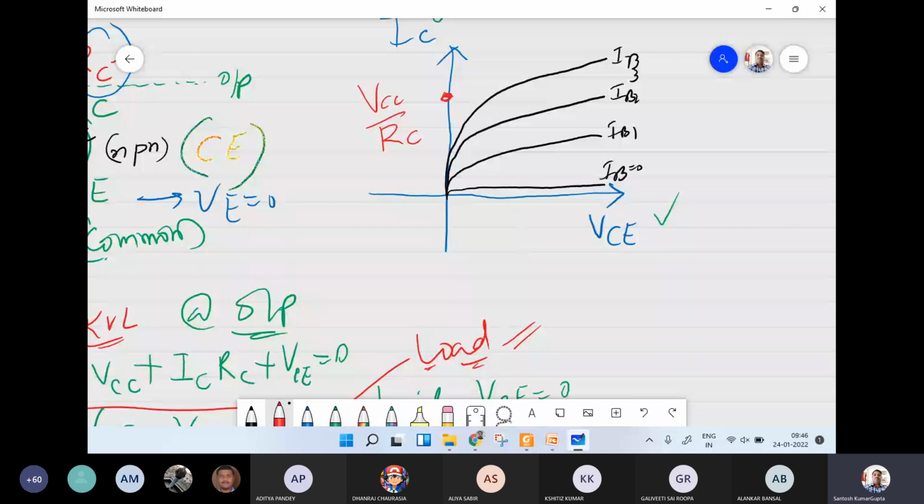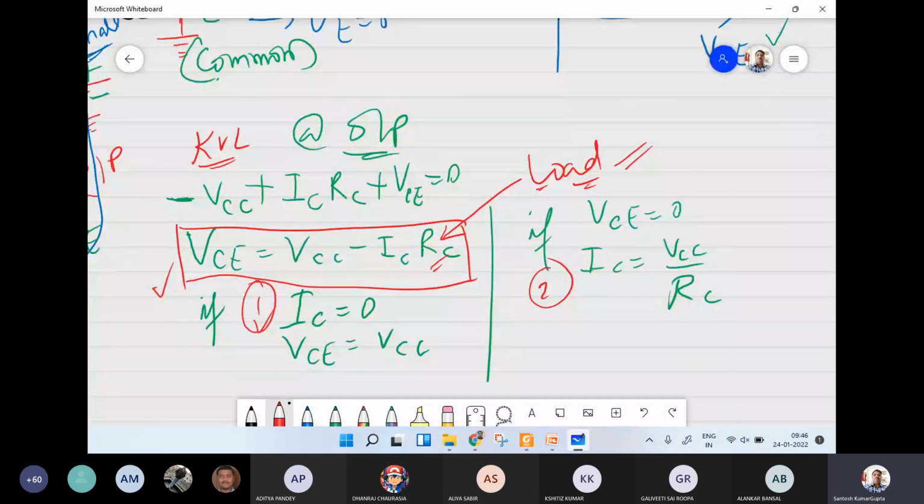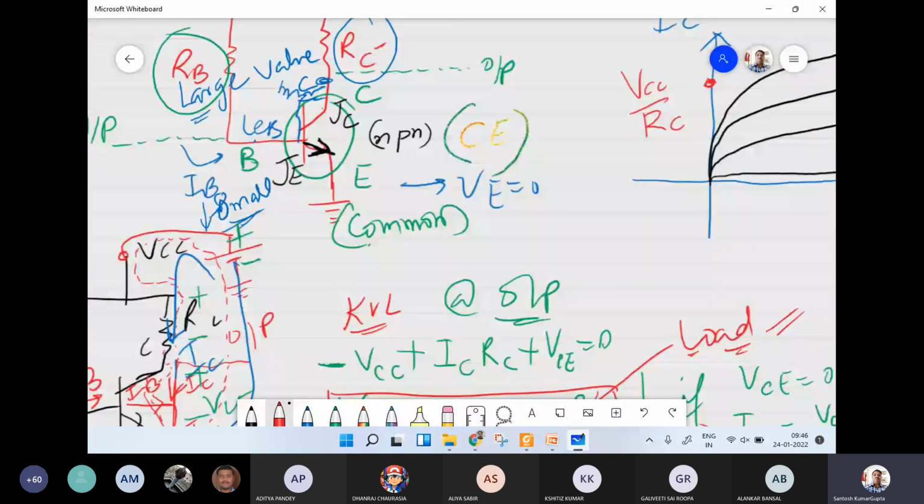This current is a fixed value. Similarly, if IC is equal to 0, then VCE is equal to VCC. So VCE is the output voltage. At collector, we have just seen that the voltage at the output node is at the collector. The voltage measured at collector with respect to the emitter, that is ground, is VCE. So the maximum output voltage which we get is VCC here.